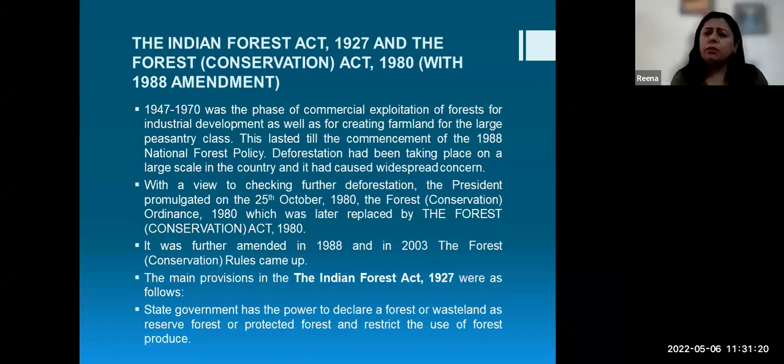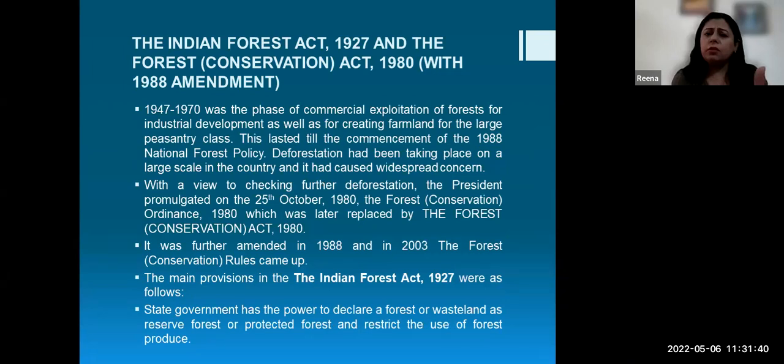Okay, so with a view to checking further deforestation, the President promulgated on 25th October 1980 the Ordinance of 1980, and the Forest Conservation Act of 1980. So the Indian Forest Act was changed to the Forest Conservation Act.